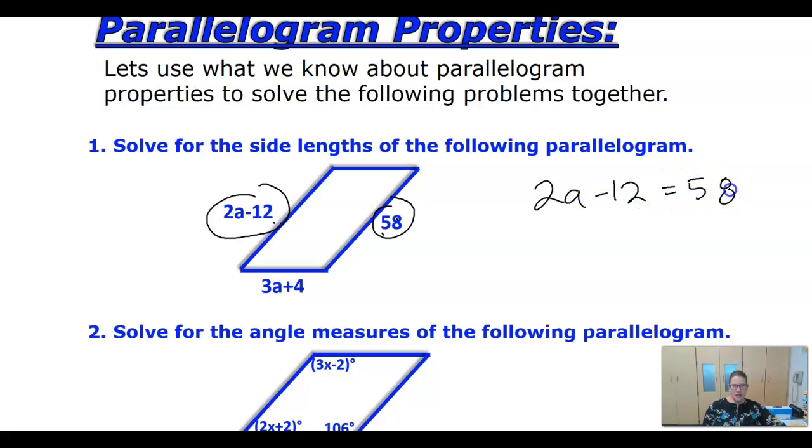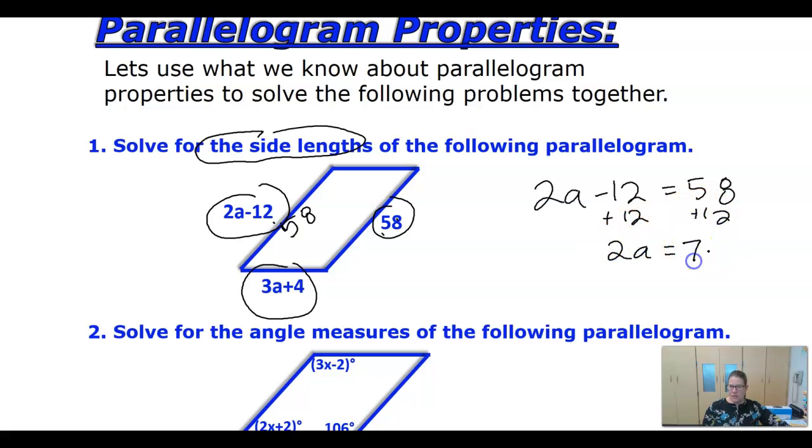Now this is actually asking me to solve for the side length. It's not just asking me to find a, it's asking me to find the side length. This one I already know is 58. But this will help me solve for a, and when I have a, then I can find this side length as well. So I'm going to solve this for a by adding 12 to both sides.